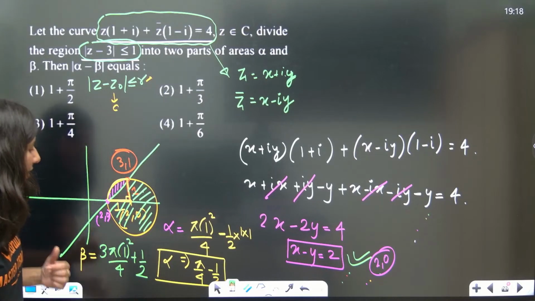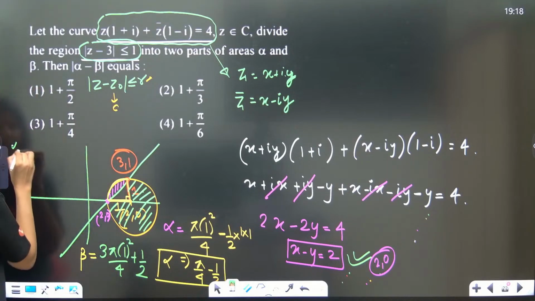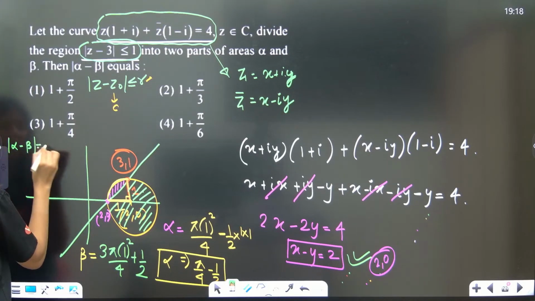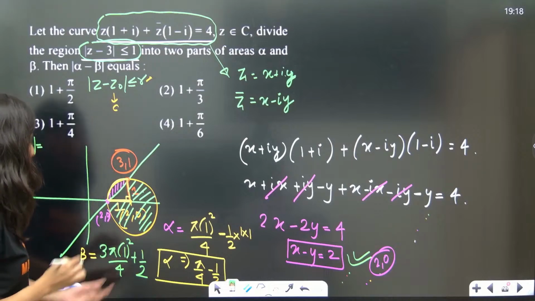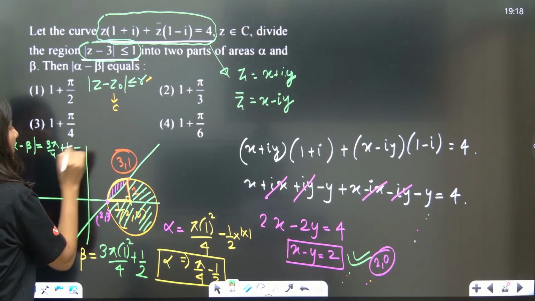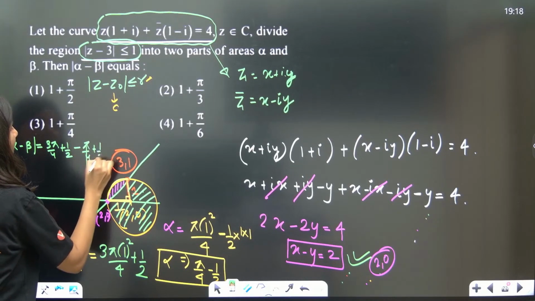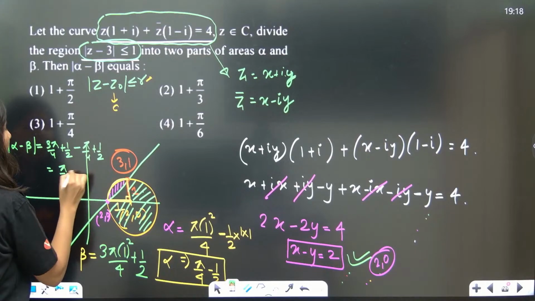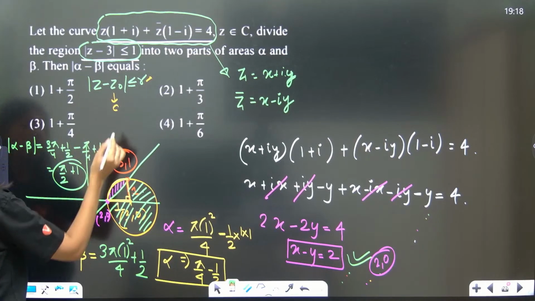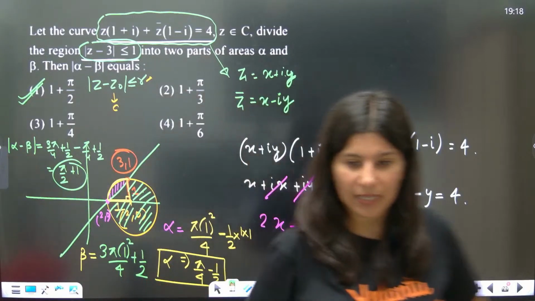So 3 pi by 4 plus half is this, and pi by 4 minus half is this. Now they are talking about the mod of alpha minus beta, the subtraction. So 3 pi by 4 plus half minus pi by 4 plus half. So the answer will be pi by 2 plus 1 square units. Pi by 2 plus 1 is option A.